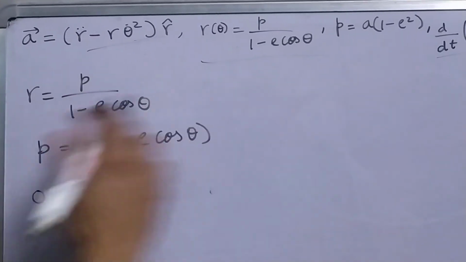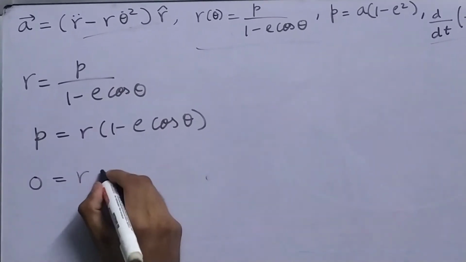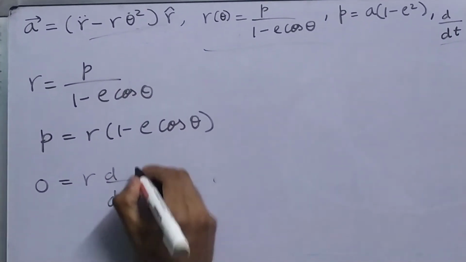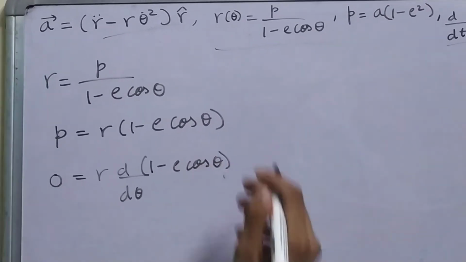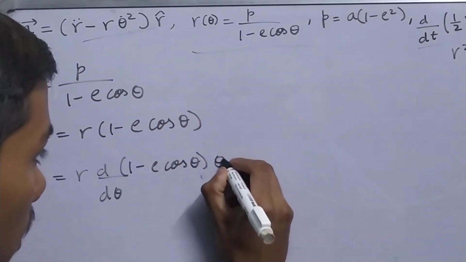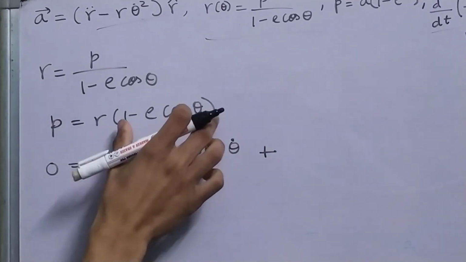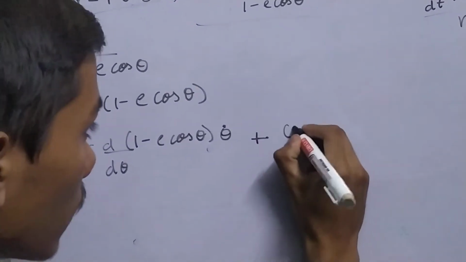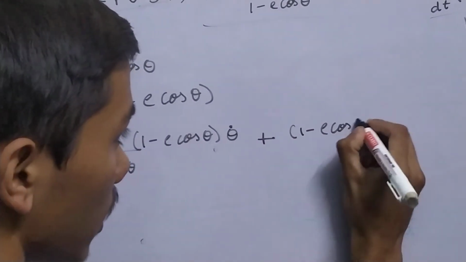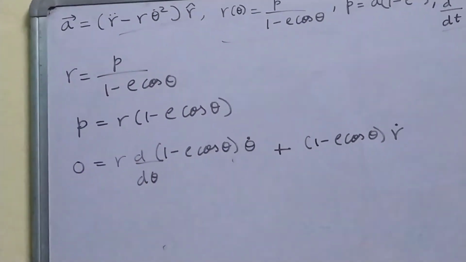Differentiate this with respect to time: keep the first function as constant, differentiate the second with respect to theta, and then multiply by d theta by dt, which is just theta dot, plus keep this thing as constant and differentiate r with respect to time, so 1 minus e cos theta times dr by dt, which is just r dot.